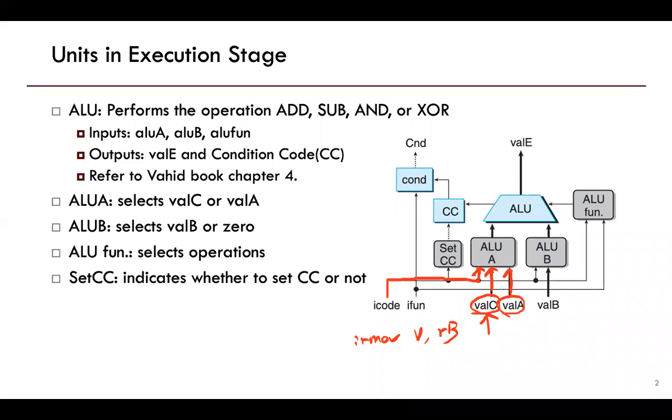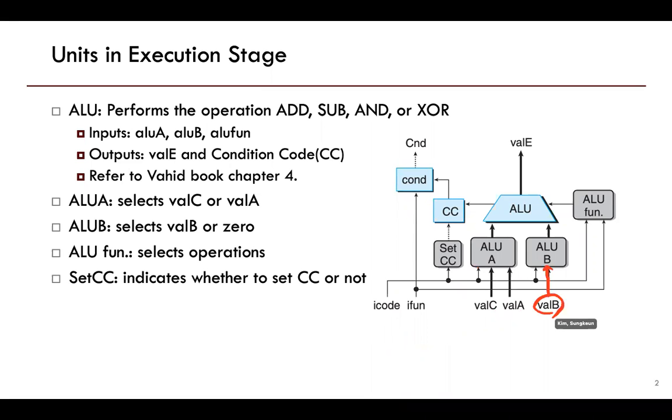And then we have to know all the instructions. Next, the ALU B unit takes only one data input, value B.